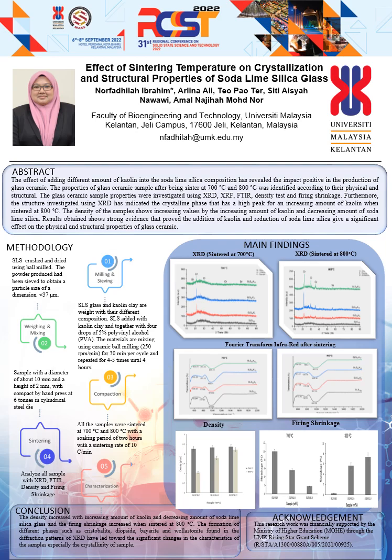However, when we start to add some kaolin, 5 percent or more, crystallization starts to happen. Meanwhile for 800, you can see that there are more peaks present in the composition when we add kaolin.